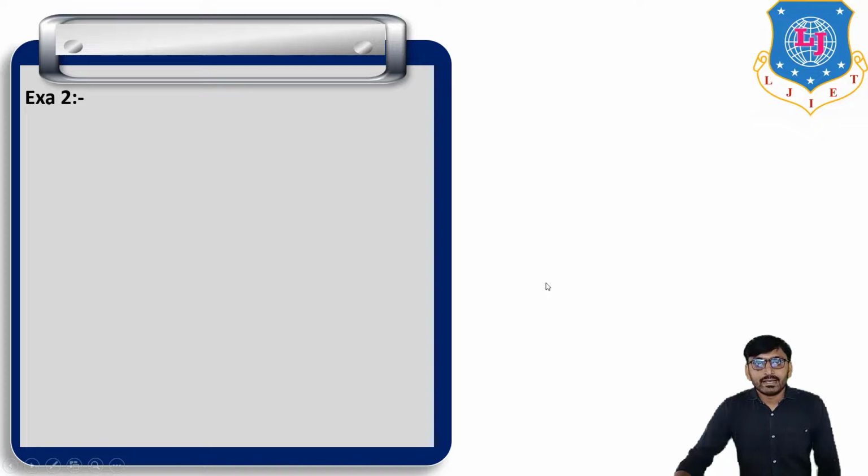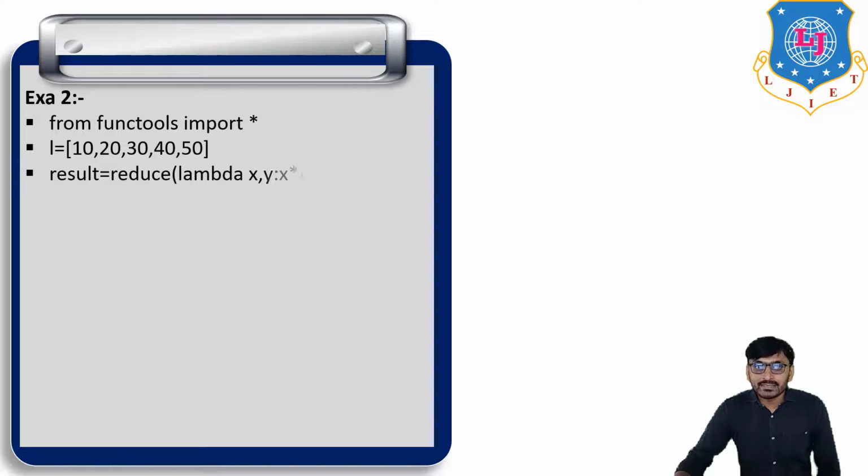Okay. Then example number 2, from functools import star, it means import everything. L, that is one type of list, then result is equal to reduce, and in the parenthesis lambda x y and expression x into y in sequence L. So it means multiply the first element with the second, then multiply with the third, then multiply with the fourth, then multiply with the fifth.